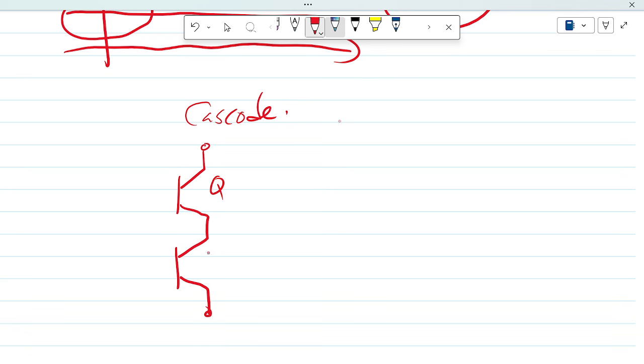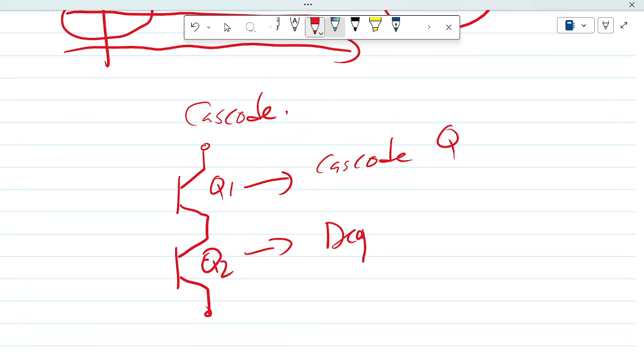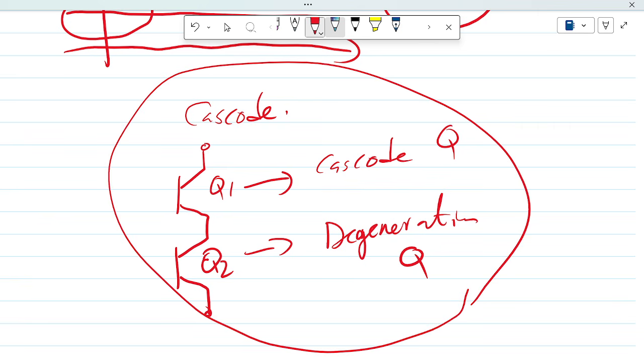So Q1, Q2, and we call this the cascode transistor, and we call this the degeneration transistor. In the next video we will go into details, and in the same or the video after that we look at some LTspice simulations.